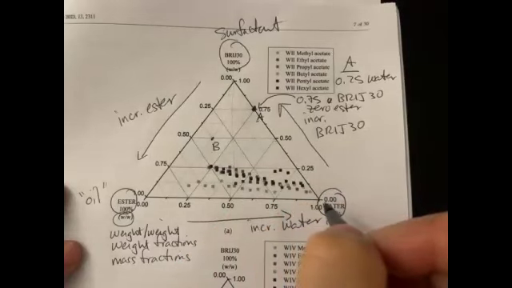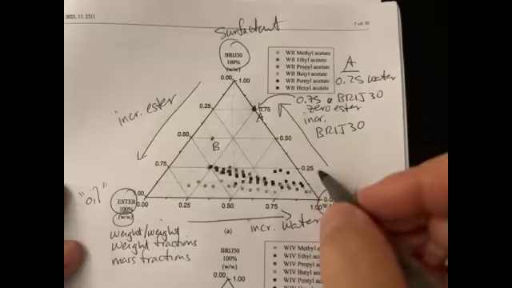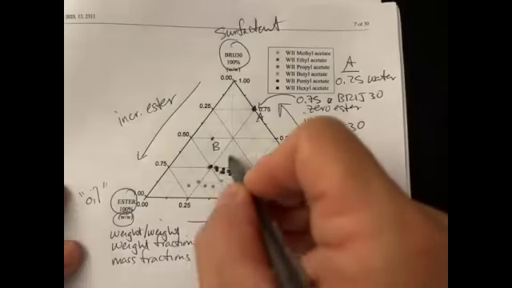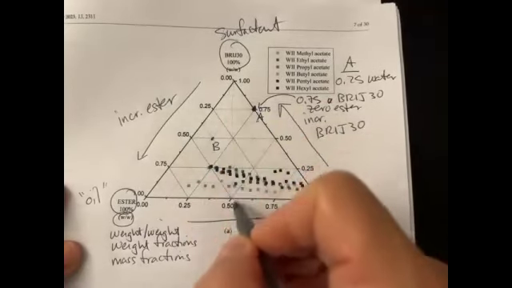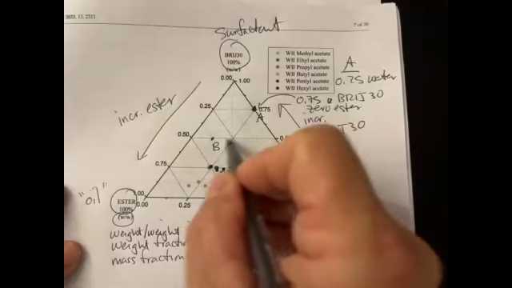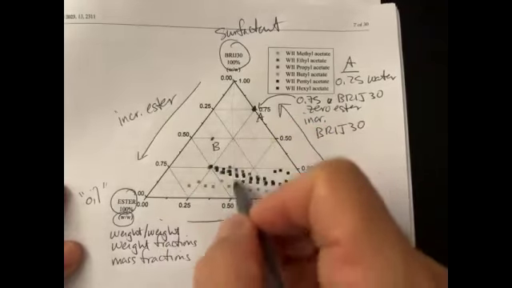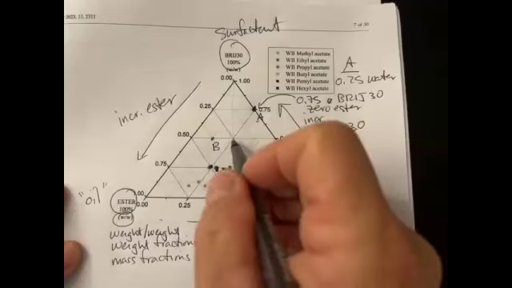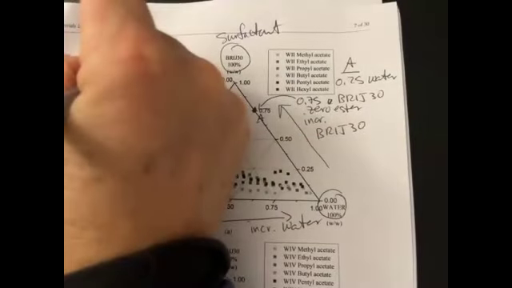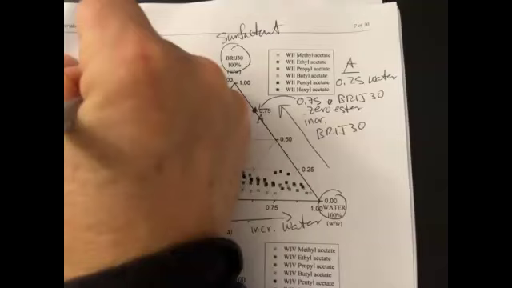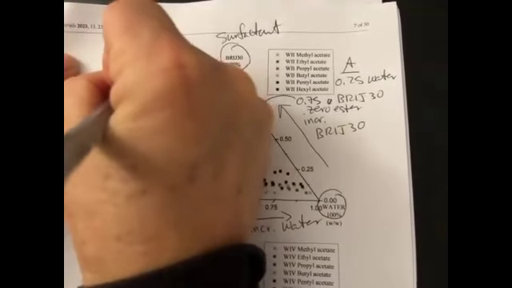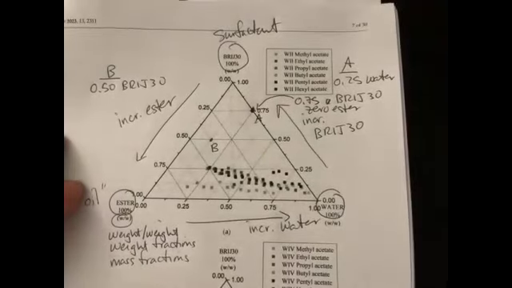So according to this system, let's do, oh, so we're on the bridge line. Bridge, we go up. We're at 50%, let's see. Yep, 50%, or 0.50 bridge 30. Sorry, you couldn't see that when I wrote it.